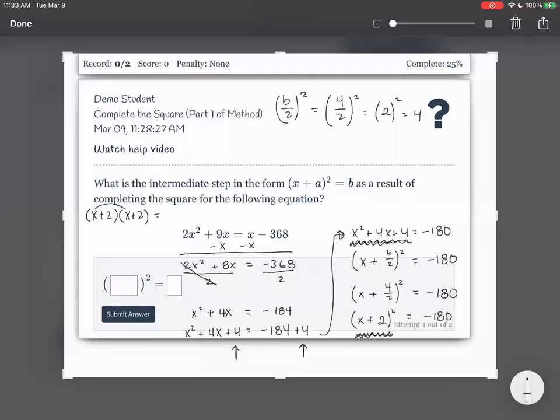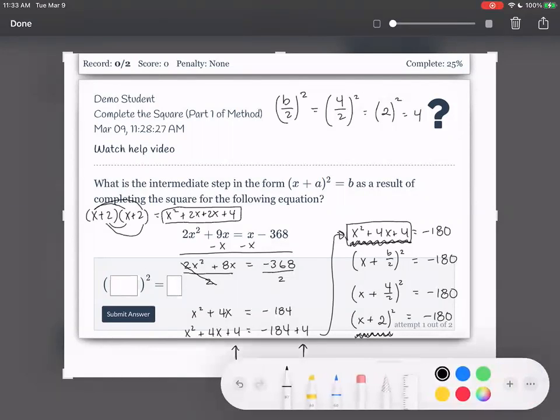F in FOIL stands for first, the O stands for outer, the I stands for inner, and the L stands for last. If you simplify this, you will get exactly x squared plus 4x plus 4. And that is why those two boxed pieces are equal, which means our two squiggly things are equal as well.